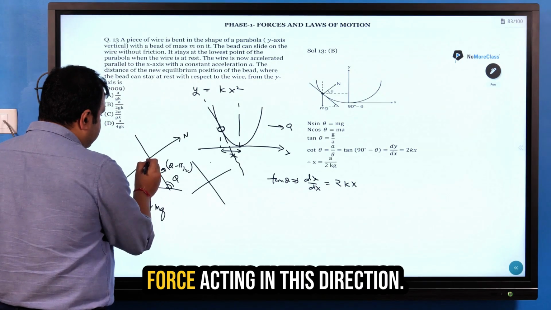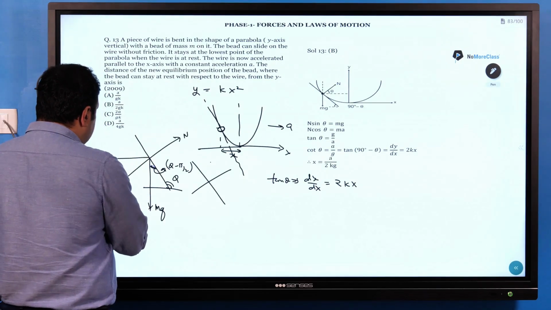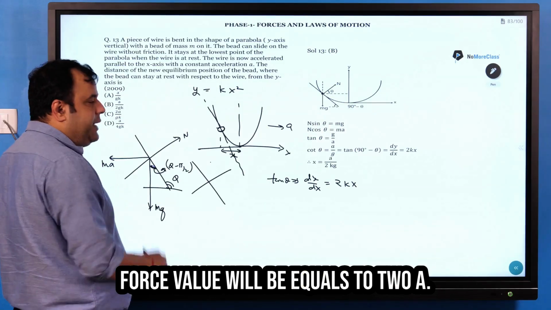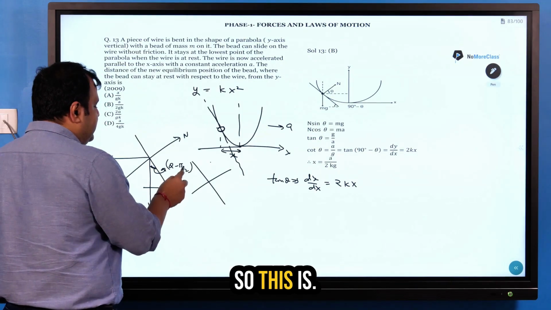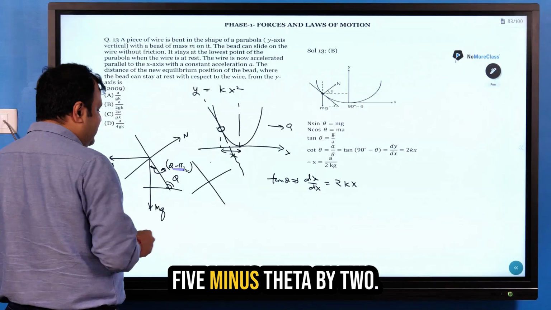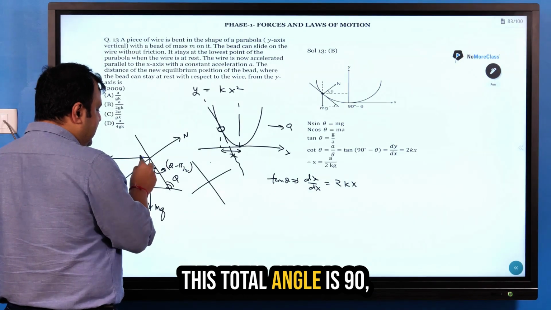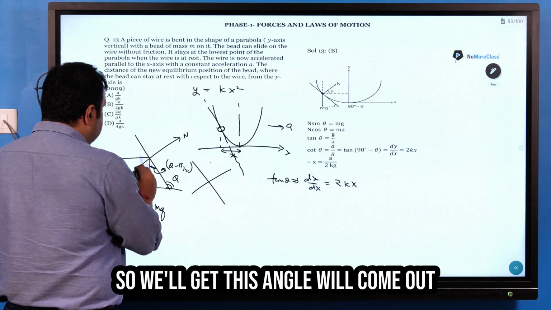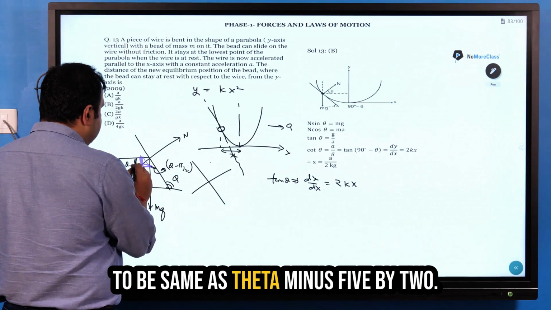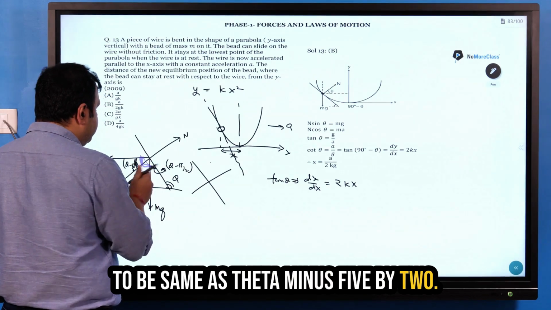And then there is a pseudo force acting in this direction. Pseudo force value will be equal to m into a. This total angle is 90, so this angle will come out to be the same as theta minus pi by 2.